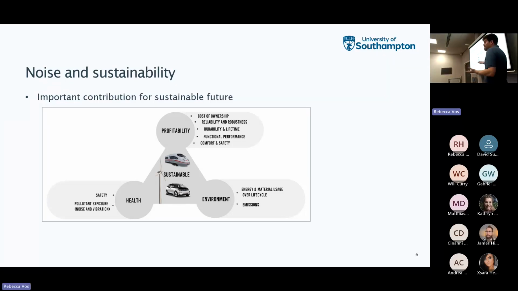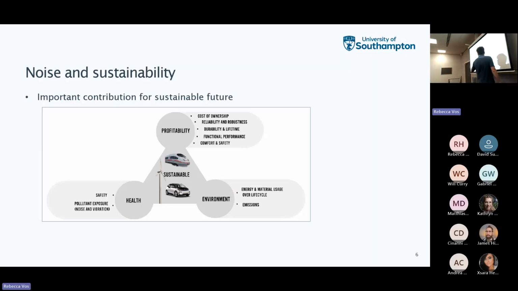You basically want to balance 3 parts. On the one hand, you have health aspects. So it could be safety, for example, of the vehicle, but also stuff like noise and vibration, which for us acoustic engineers is very important.